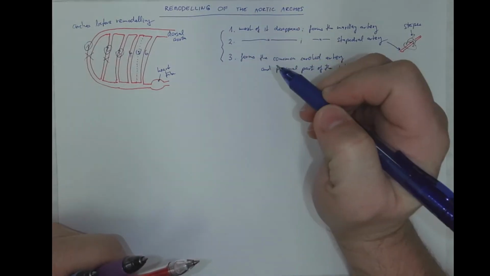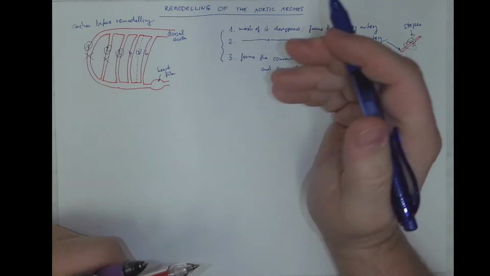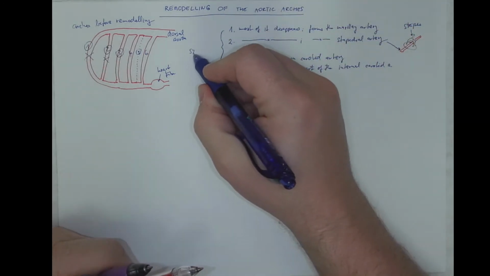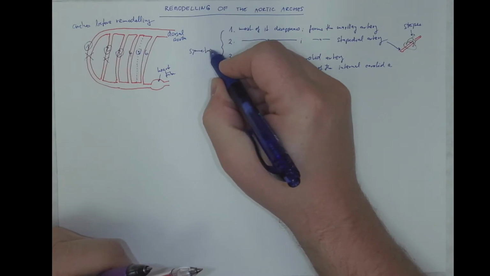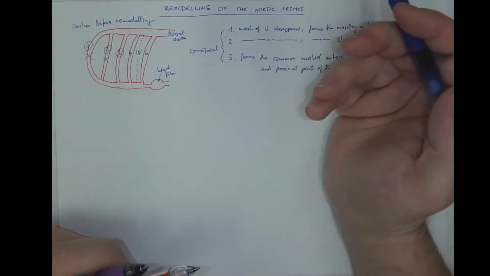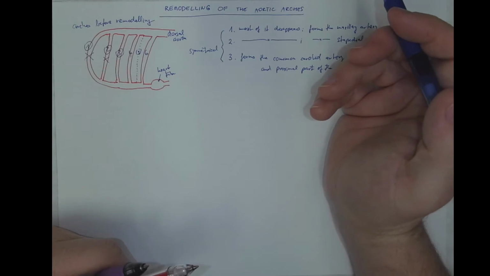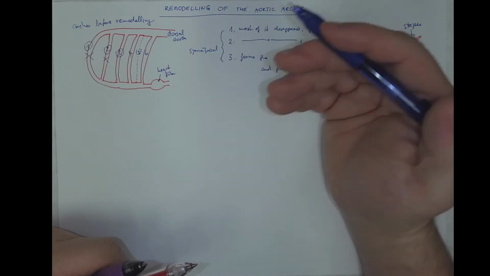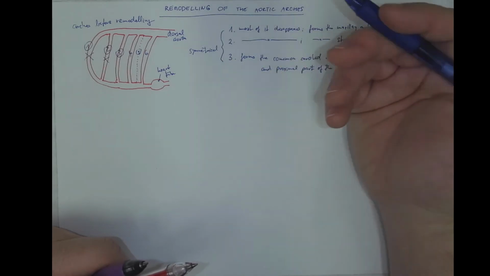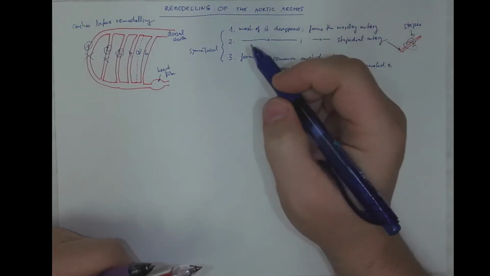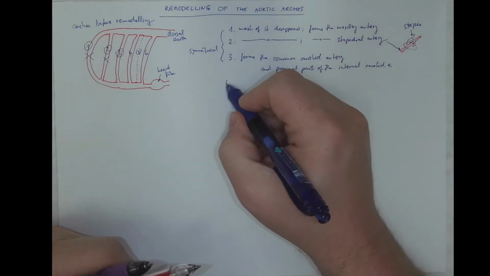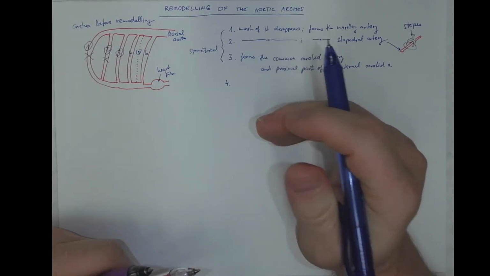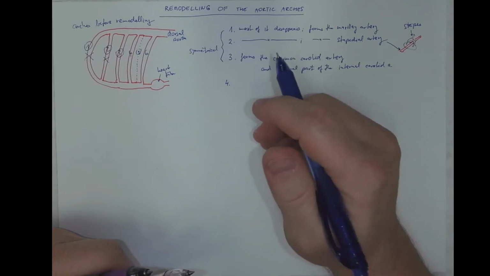These first three arches develop in a symmetrical way. So the shape, or the fate, on the right and left side are the same. However, starting with the fourth arch, we need to distinguish the fate on the right versus on the left side.